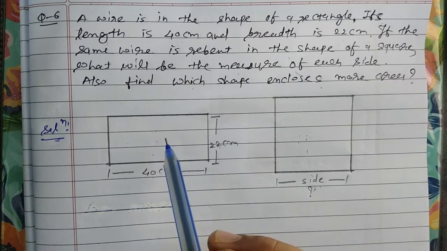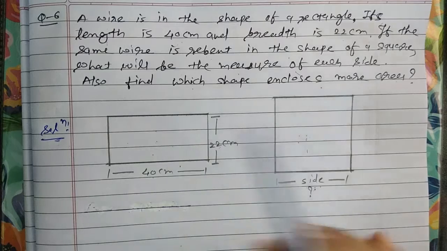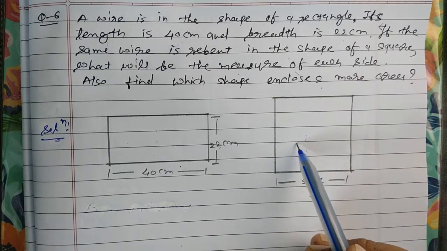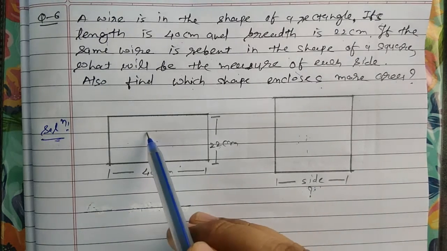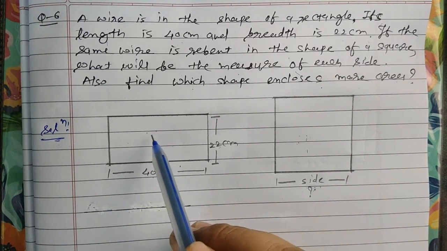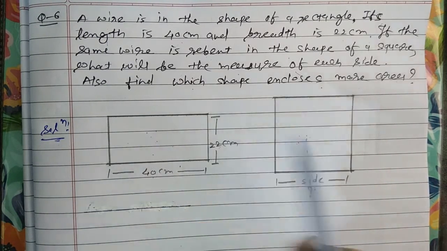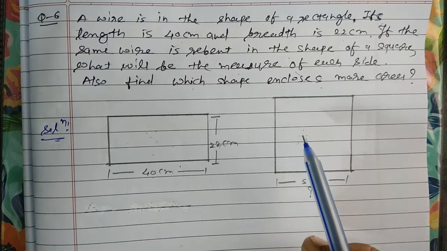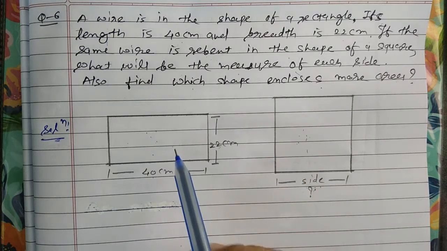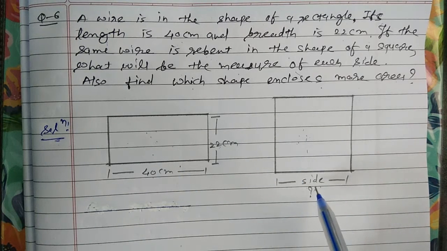Now this same wire is rebent and made into a square. So the perimeter of the square is nothing but the length of this wire. Therefore this rectangle's perimeter and the square's perimeter are the same. So we will use this information to find the length of the side of a square.